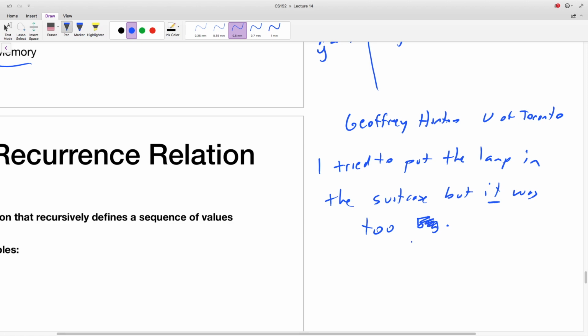But if I say it was too small, what's the "it"? The suitcase. So we have to have some knowledge there in order to do that, right? We have to know that you put small things in big things.